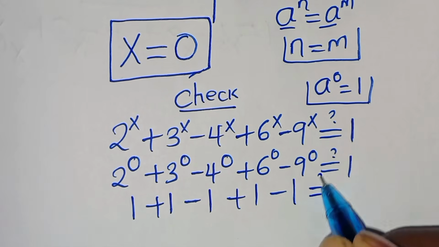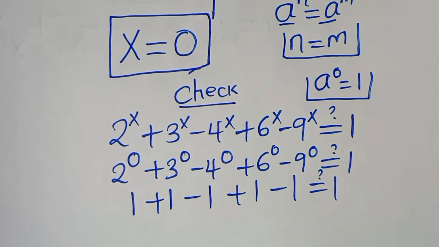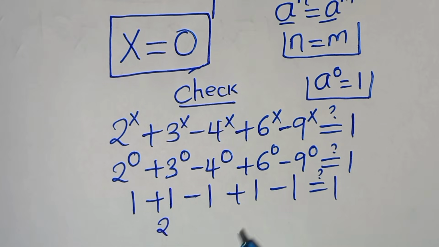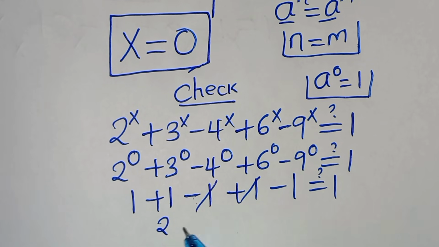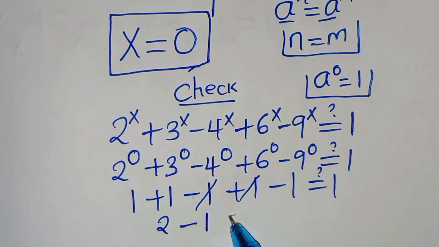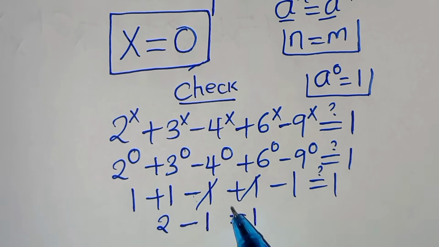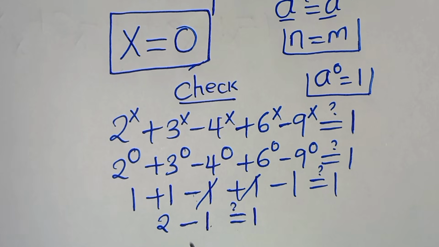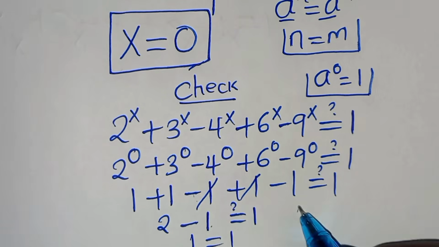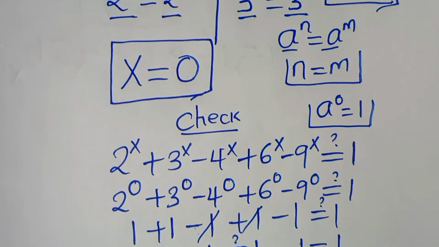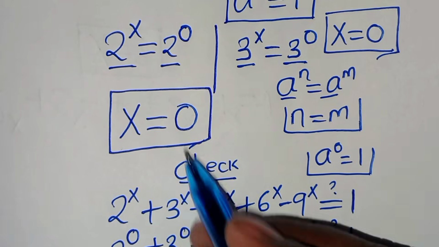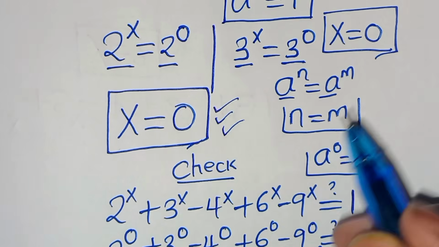This should give us a value of 1. 1 plus 1 is 2, minus 1 plus 1, this simplifies. Then we have 2 minus 1, which is 1. We have that 1 is equal to 1. And this implies that x equal to 0 satisfies the equation.